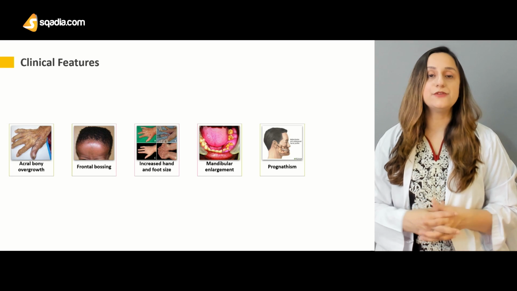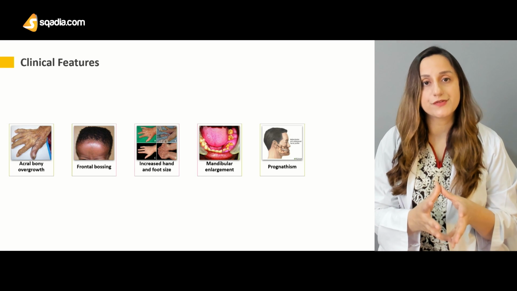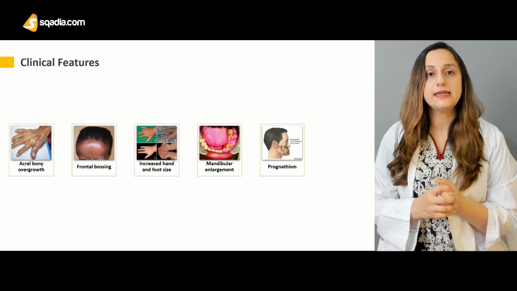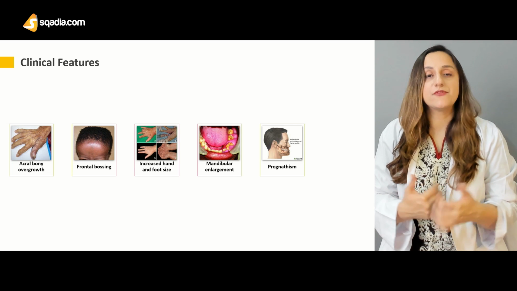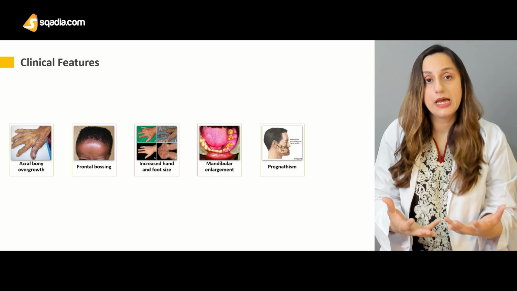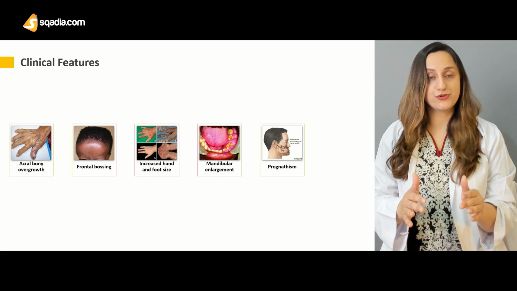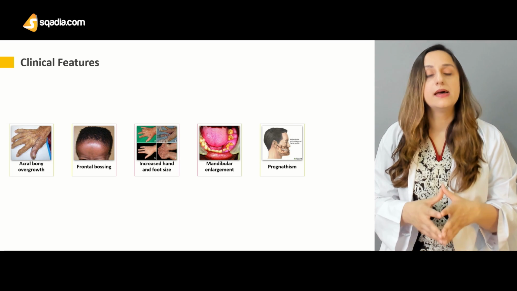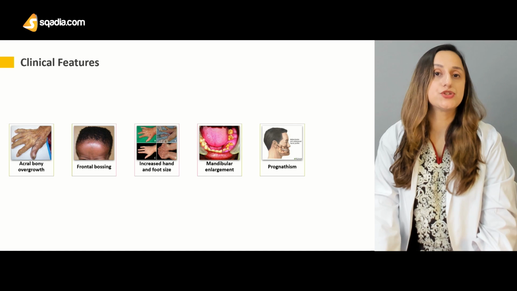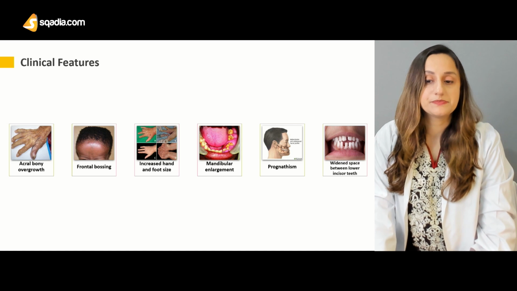Prognathism is the forward protrusion of the jaw. Normally we have a retracted jaw, and whenever there is a sustained forward protrusion, as seen in these patients, that is known as prognathism, and this is one of the key features in patients of acromegaly.